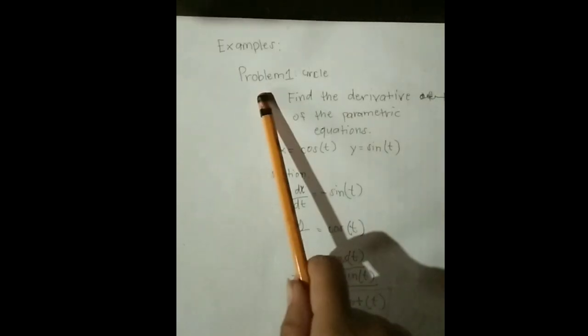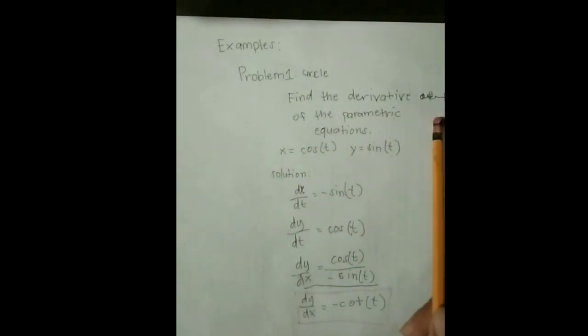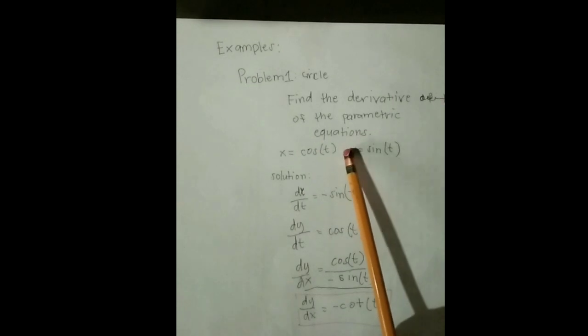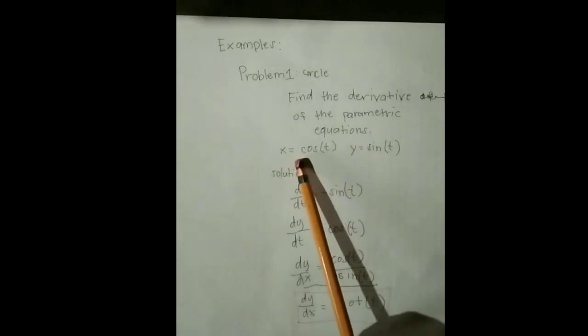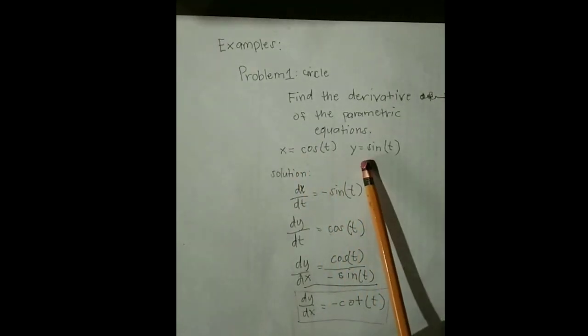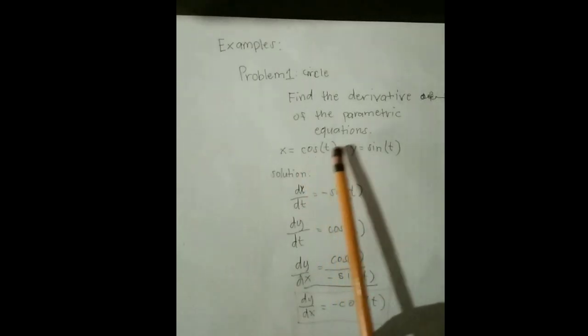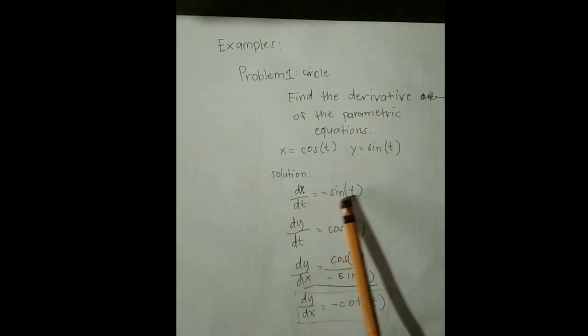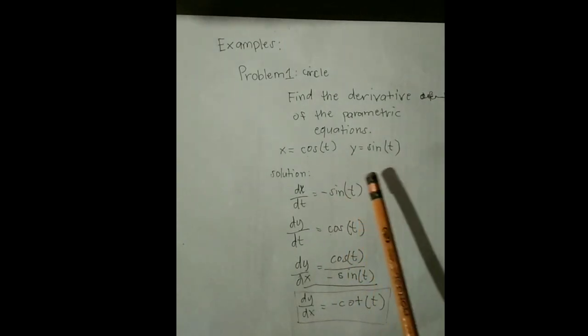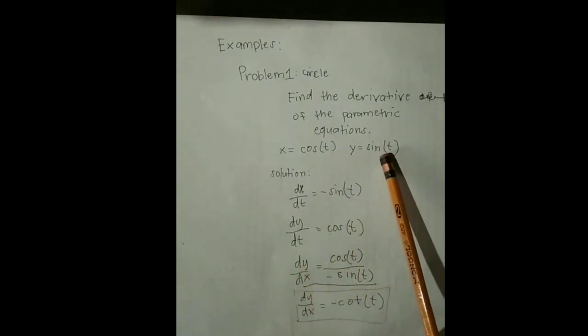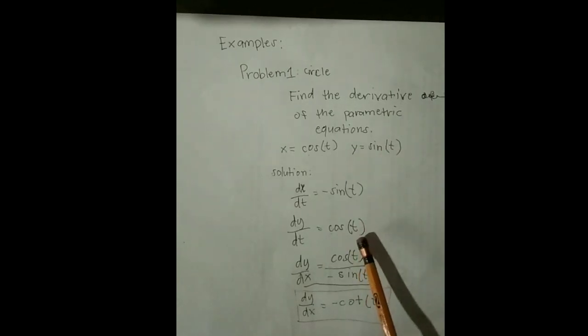Solution: first, we're going to derive x. The derivative of cos t is negative sin t, and the derivative of sin t is cos t. Next, dy/dx: cos t over negative sin t, which is negative cot t. So that's the final answer.